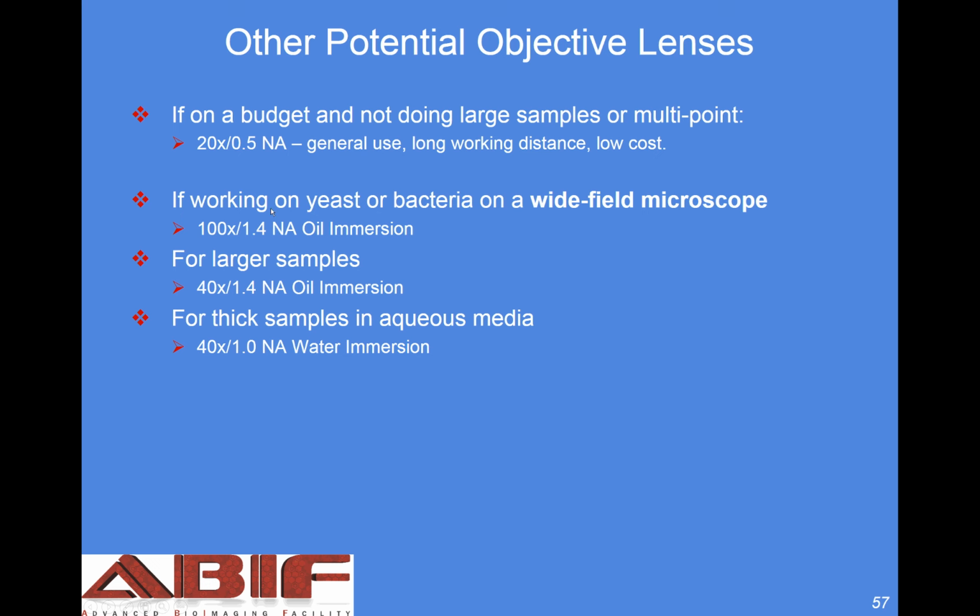For larger samples, you may want to get a 40x1.4 oil instead of the 63. It should have the same resolution and even higher brightness than the 63. And if you're working with thick samples in aqueous media, then the 40x1.0 water is a good lens, but you need to make sure you set that correction collar properly.